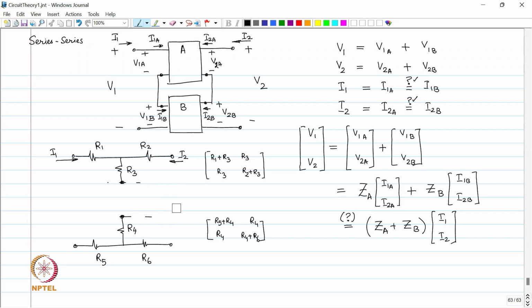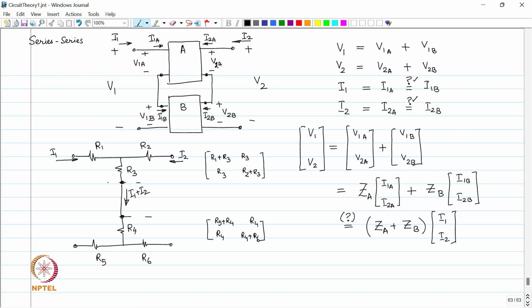I1 plus I2, this joined wire is also going to be I1 plus I2, fine. And you could split it up in any way you want, and you can always say that I1A is equal to I1B and I2A is equal to I2B. It does not really make a difference to you, fine. So, this is going to be valid in such a case.